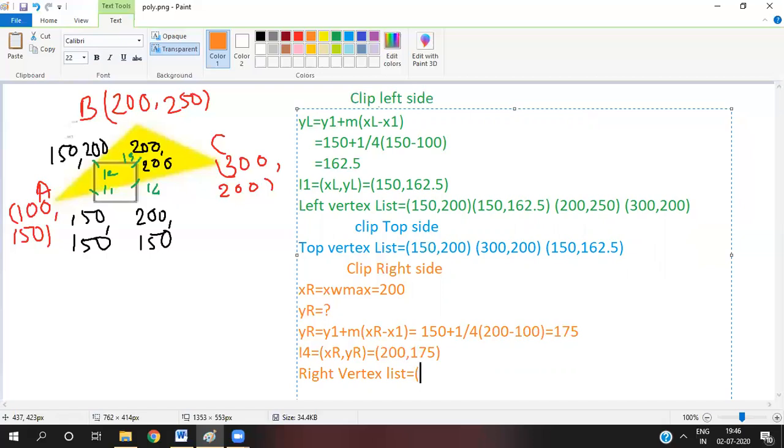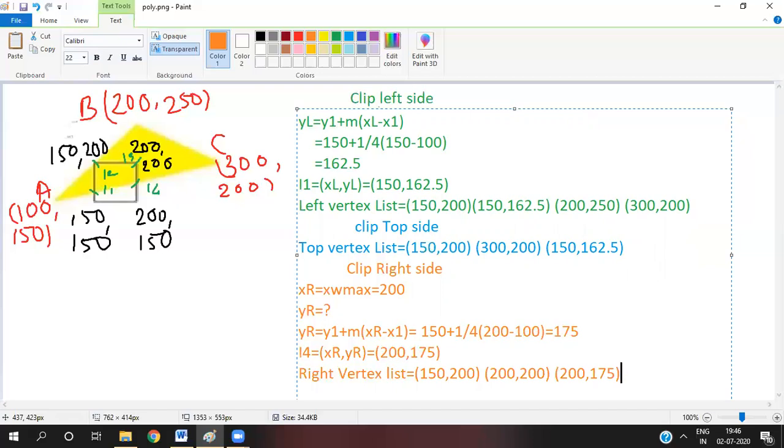150 comma 200 is there. Yes, go in a clockwise direction. Next, what did we get? 200 comma 200, that is I3. Then here is the I4, which is 200 comma 175.